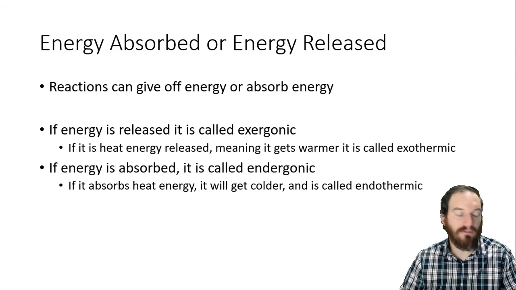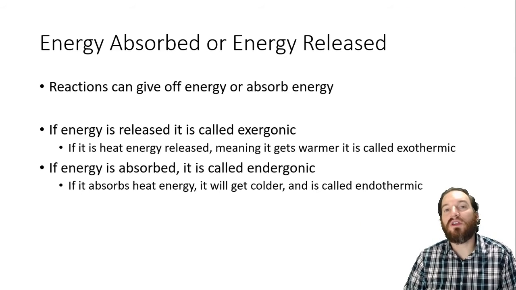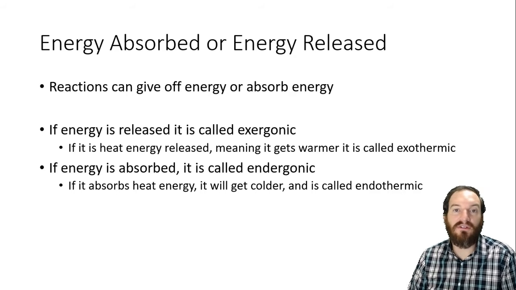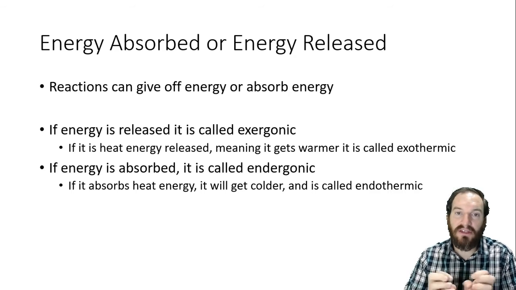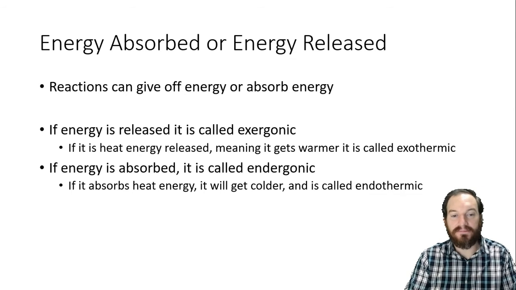Now, when we talk about chemical reactions, you can either absorb or release energy. And this is really important to understand. A chemical reaction will either give off energy because the energy in the bonds is being broken and released, or it needs to put energy in to make those bonds because then they're high energy bonds.